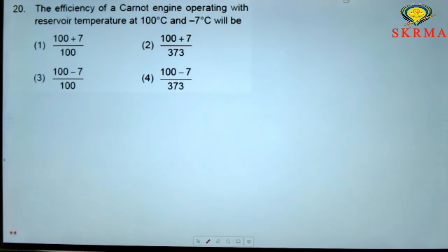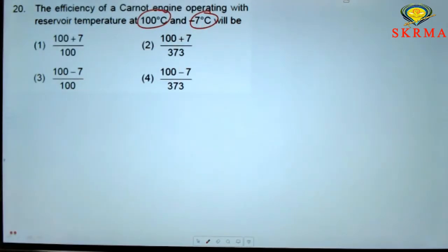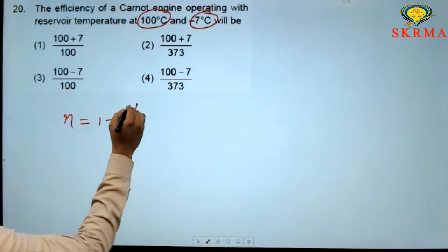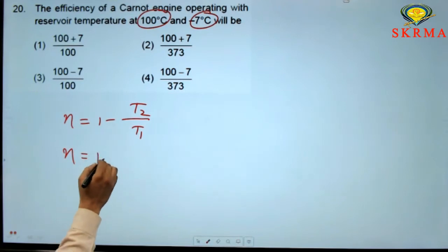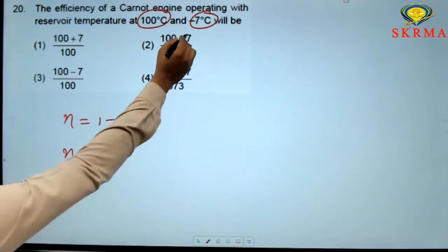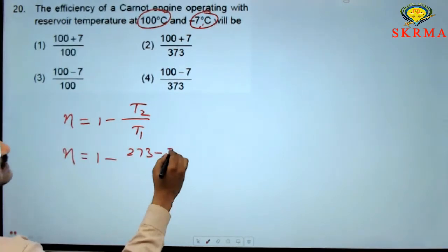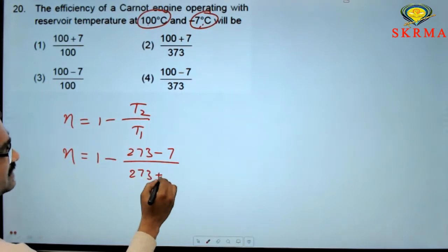Next, the efficiency of a Carnot engine operating with reservoir temperatures 100 degrees centigrade and -7 degrees centigrade will be. So the efficiency formula is 1 minus T2 by T1. That equals 1 minus T2 value, the final temperature T2, that is 273 minus 7, by the T1 value 100, that is 273 plus 100.